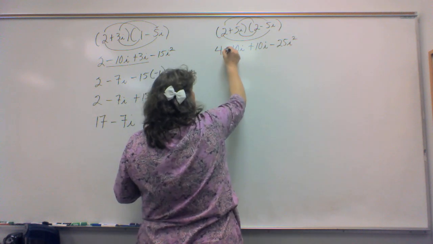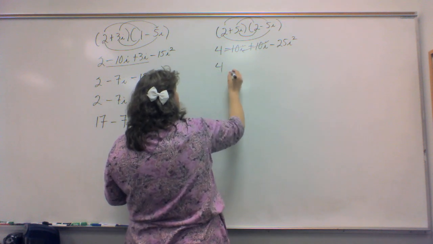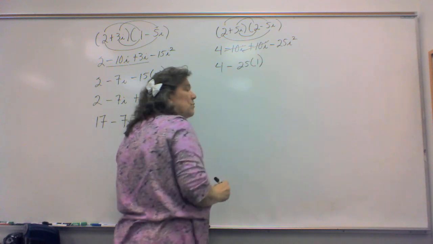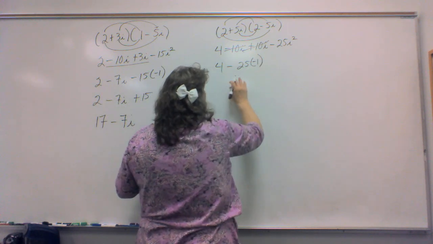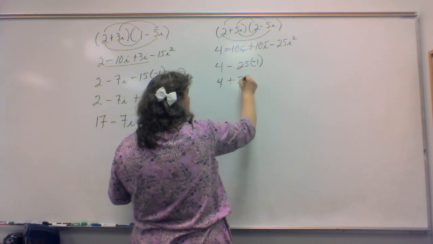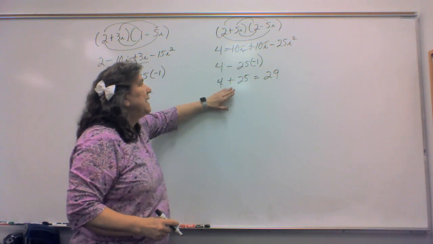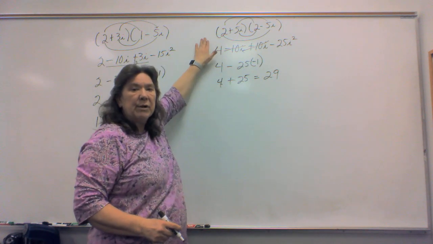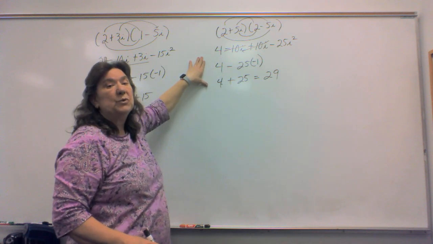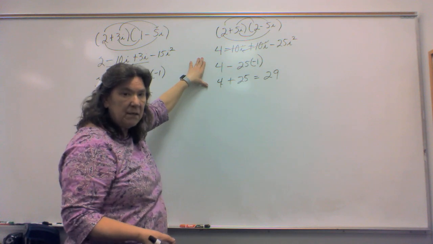Look, negative 10i plus 10i is 0. So I have 4 minus 25 times negative 1, because i squared is negative 1. Negative times negative gives me 4 plus 25, which is 29. Notice it eliminated the imaginary part of this complex number. That's what conjugates do. Just like they eliminated the radical, they eliminate the imaginary.